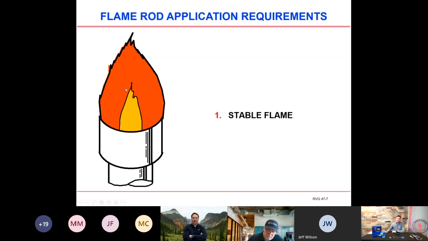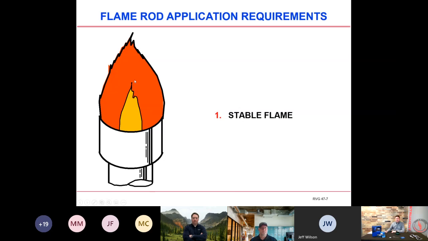The first thing that we always hear from customers, when they find out that the flame rod is not giving them a good signal back to their flame relay, is that they usually turn up either the pilot gas or the main gas using the regulator. What that does, if you increase the pressure, is most times lift the bottom end of the flame off of the burner nozzle.